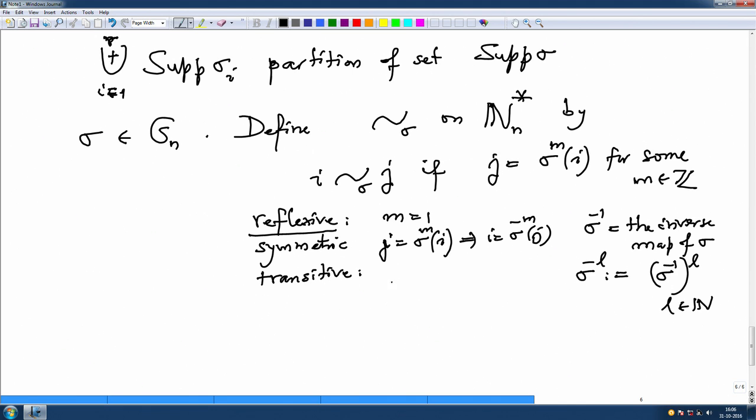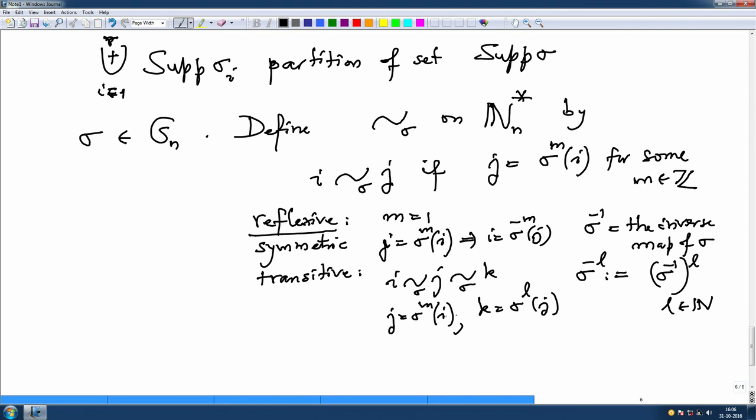Transitivity: if i is related to j under sigma and j is related to k under sigma, this means j equals sigma power m of i, and k equals sigma power l of j.